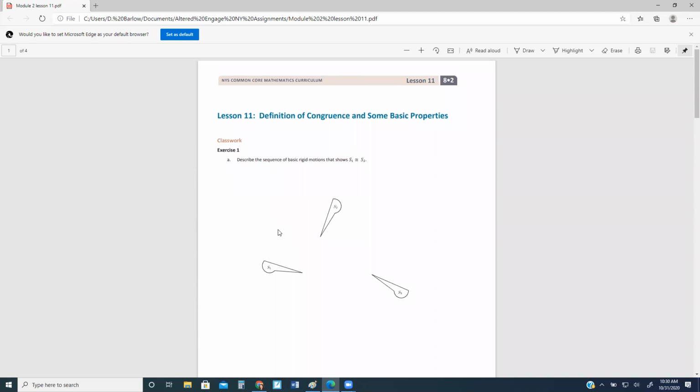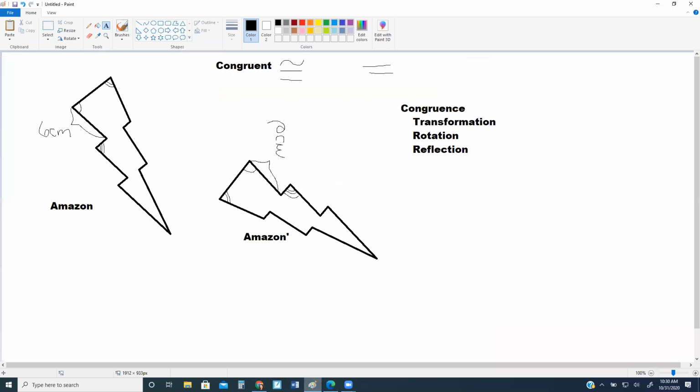But we want to really focus on congruence, and rigid transformations preserve congruence, right? It's still going to be congruent after the rigid transformation. It doesn't matter what you start with. We can start with this arrow right there. We can, let me undo that. We can, let me select this.